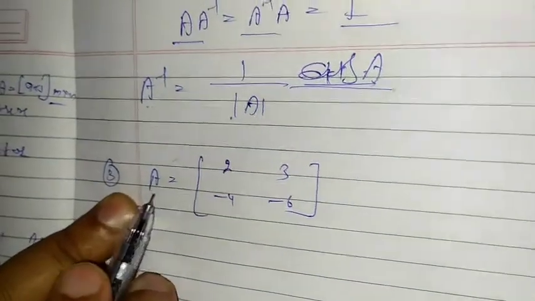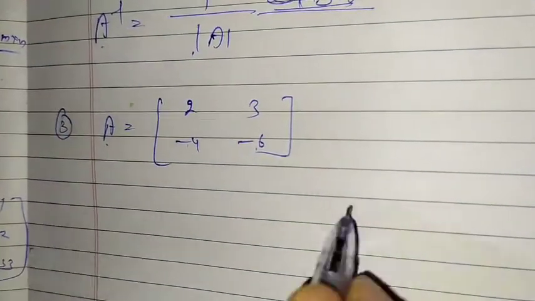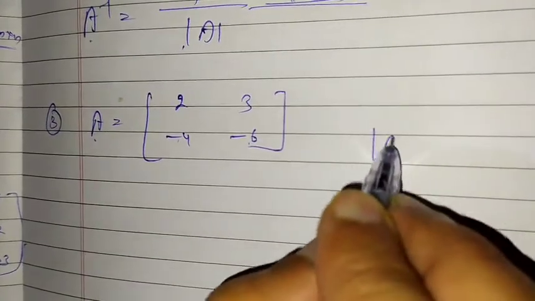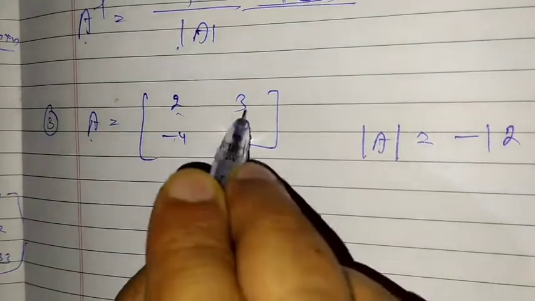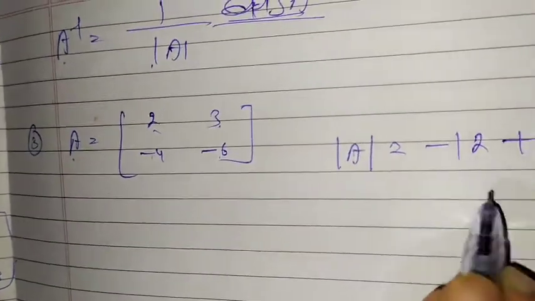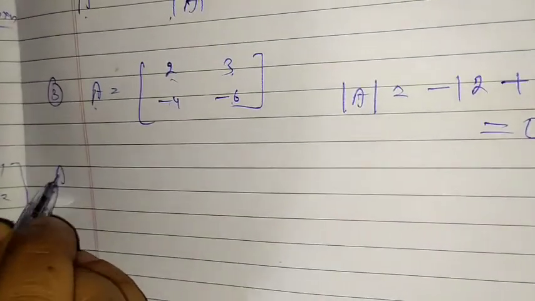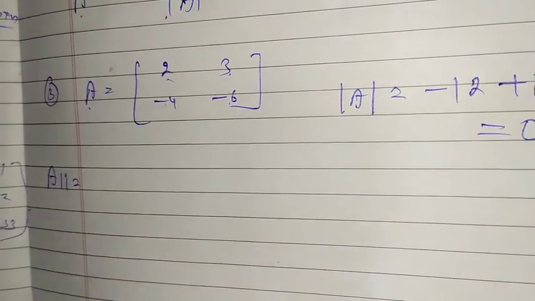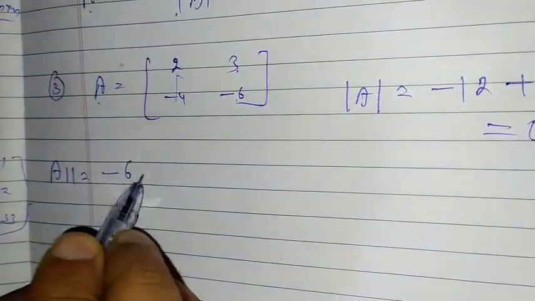Third question of this. We first find the adjoint of A. First we find the value of the determinant of A. We find minus 12 plus 12, which is 0. Cofactor A11: as in the last video, leaving out this row and this column, we get minus 6.